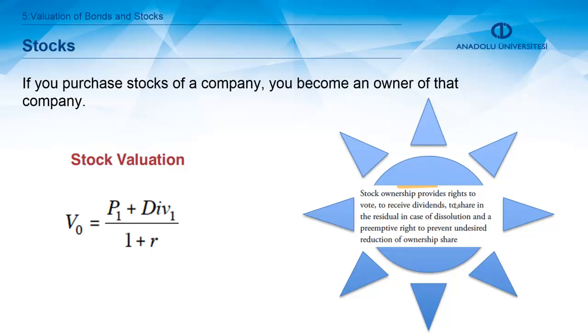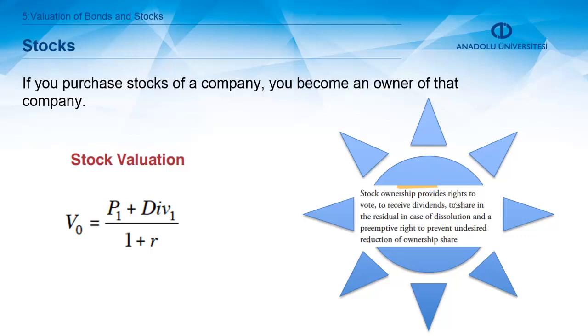But if you buy bonds rather than stocks, you are not going to be the owner of the company. You will just be the lender of a company. We call it a creditor.